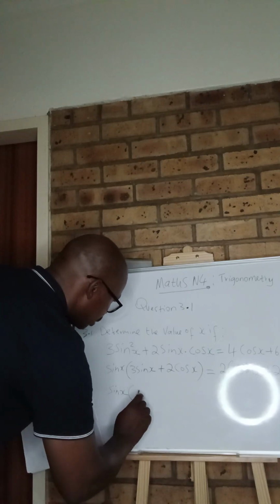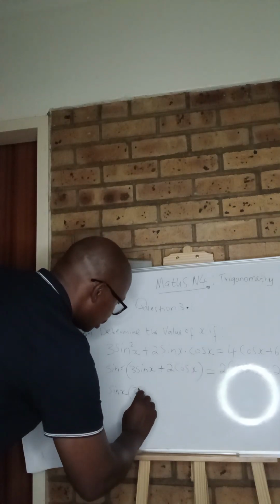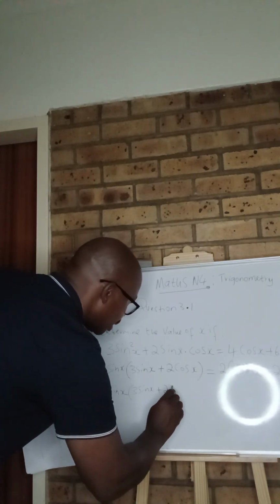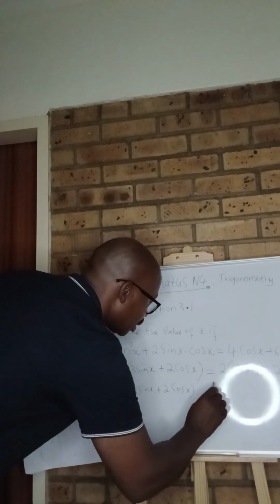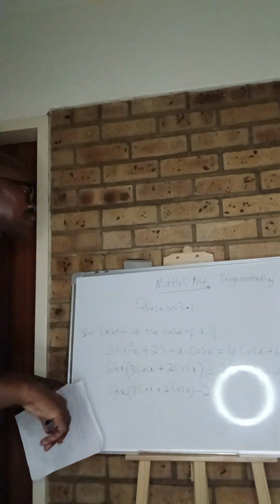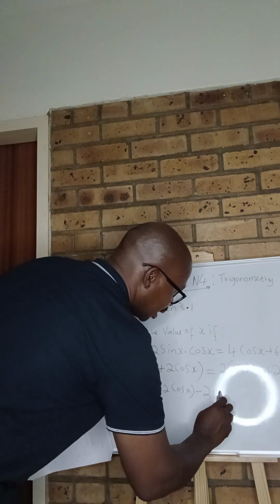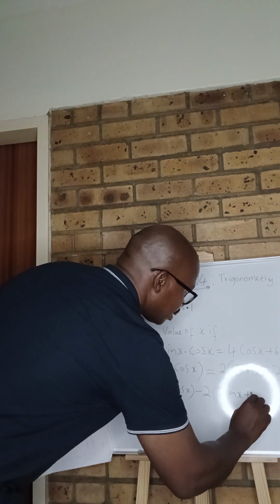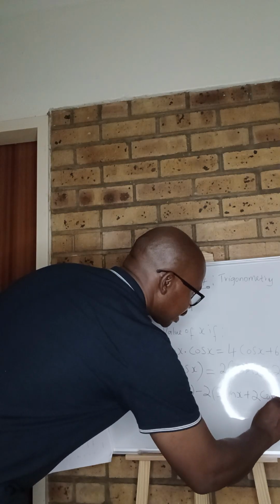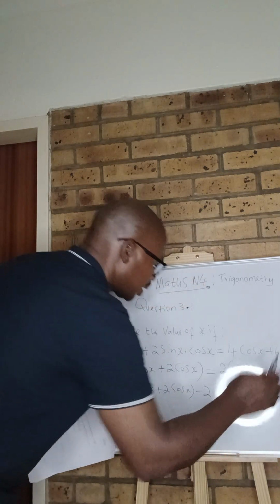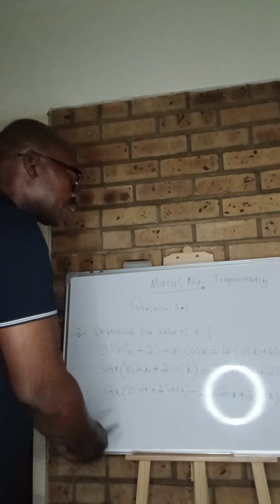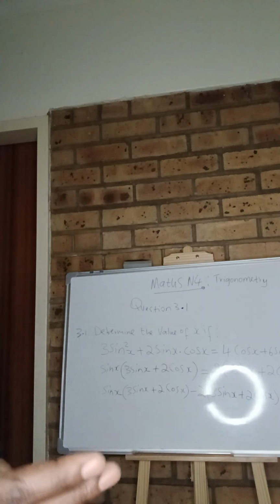So what we do is bring that term from that side to this side. Remember, when it comes over to this side, it becomes minus. So we go like this: sine x times 3 sine x plus 2 cos x minus 2 times 3 sine x plus 2 cos x is equal to 0. There is something that is still common.